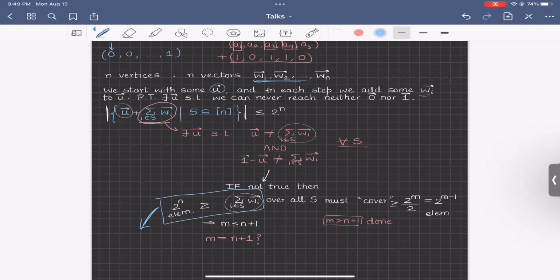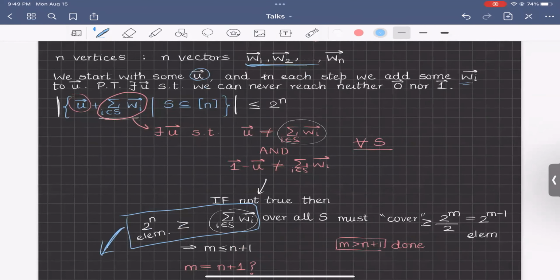Wait, actually, how did we get 2 to the m minus 1? Oh, we said that if we assume the contrary, then these sums must cover at least one of a vector and its complement. Because if there is a u such that neither u nor 1 minus u is of this form, then that u works. Right?